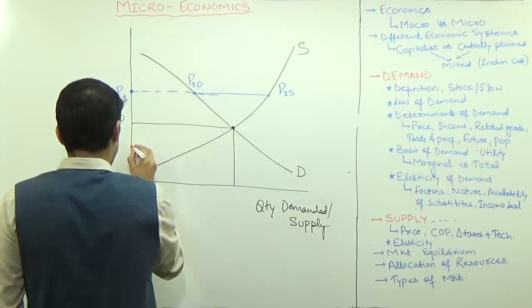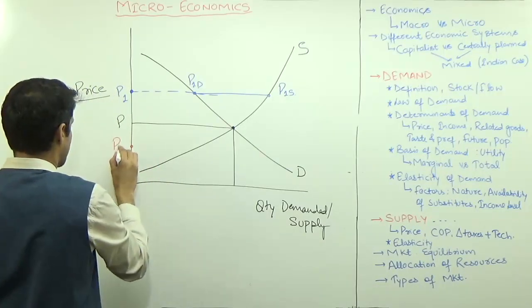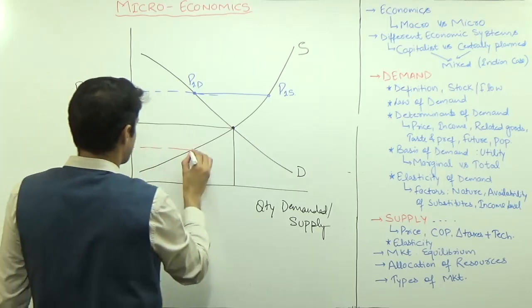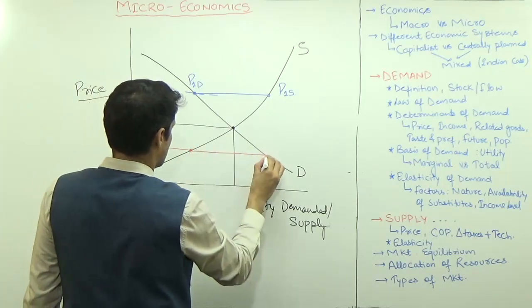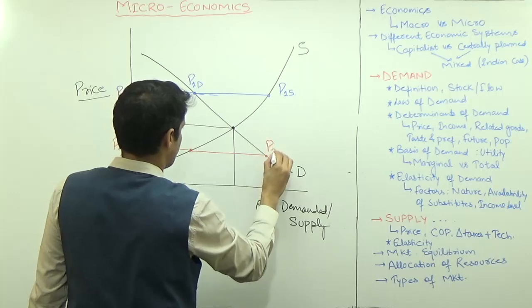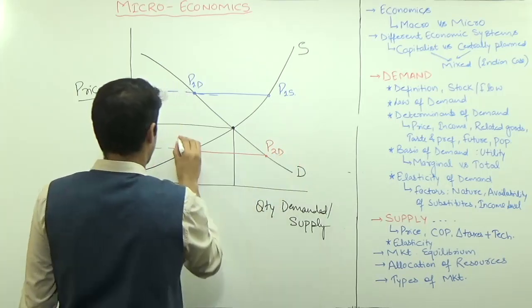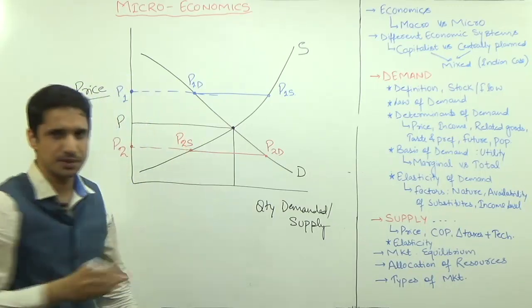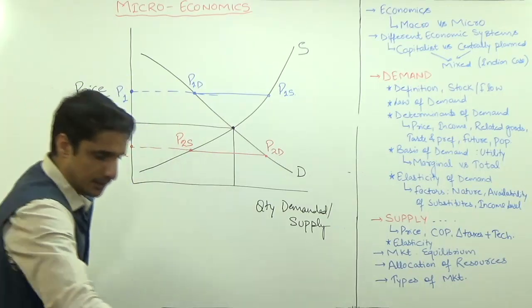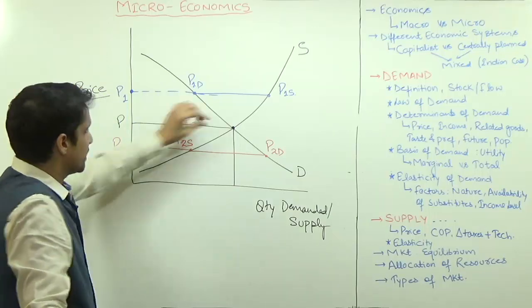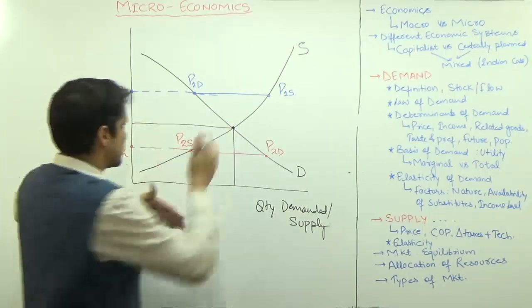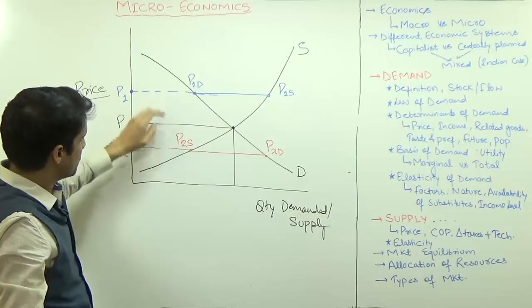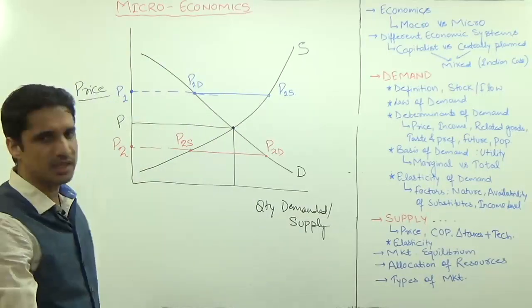Or there is a possibility that the price has artificially been decreased to P2. So in this case, it is like this, it is P2D and it is P2S. Now try to understand it. This is the equilibrium. Suppose somebody artificially increased the price, or suppose somebody artificially decreased the price.